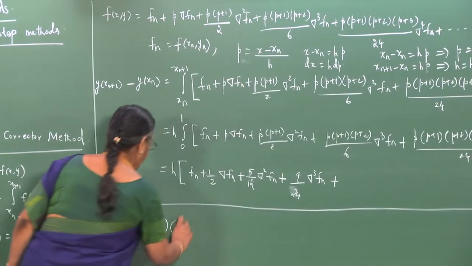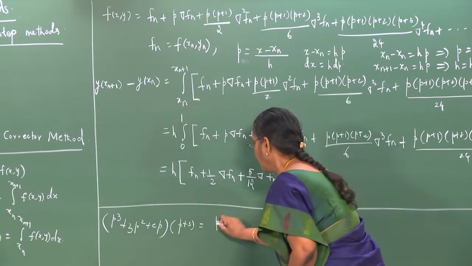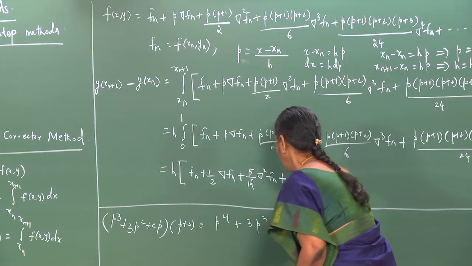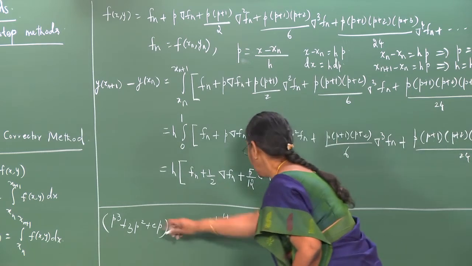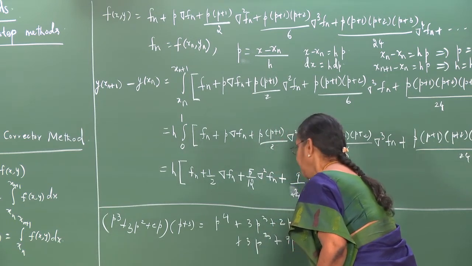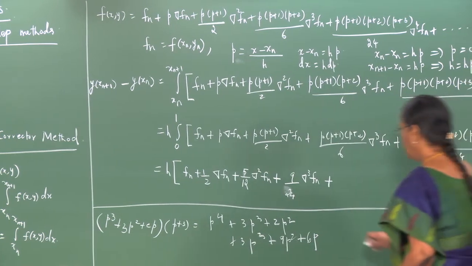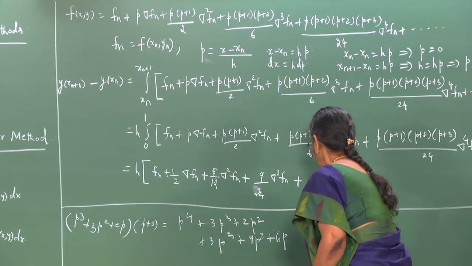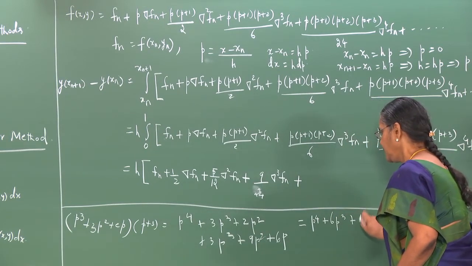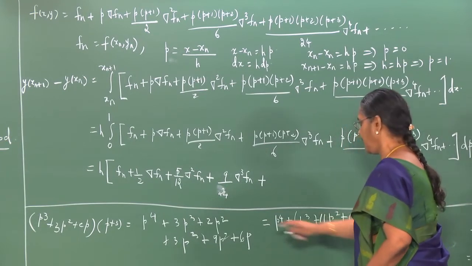So, that will give you p to the power of 4 plus 3p cubed plus 2p square, and then plus 3p cubed plus 9p square plus 6p, which will give you p power 4 plus 6p cubed plus 11p square plus 6p.